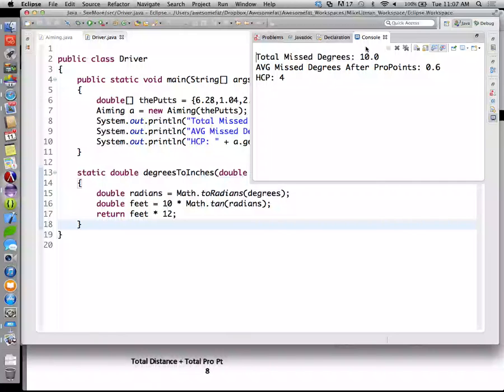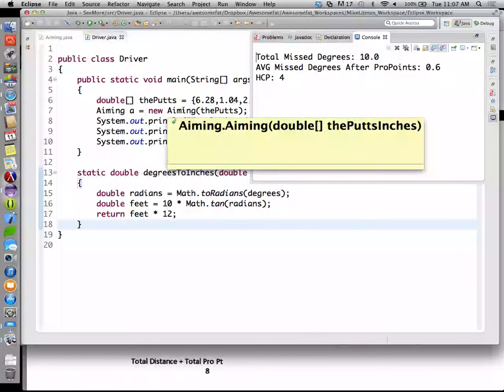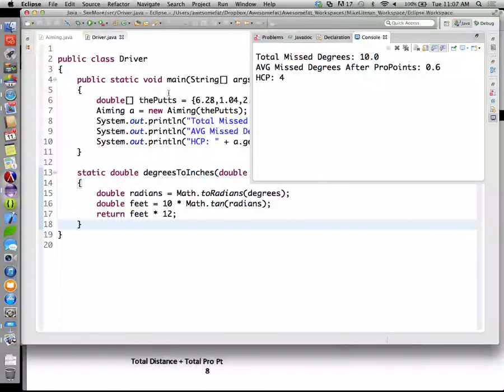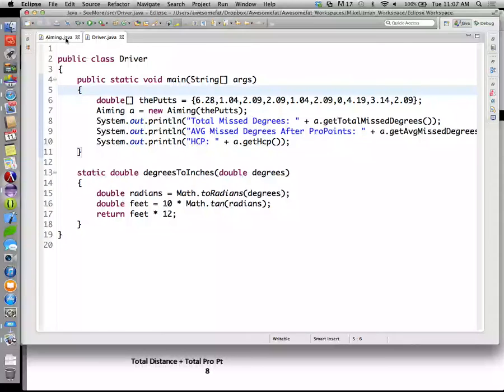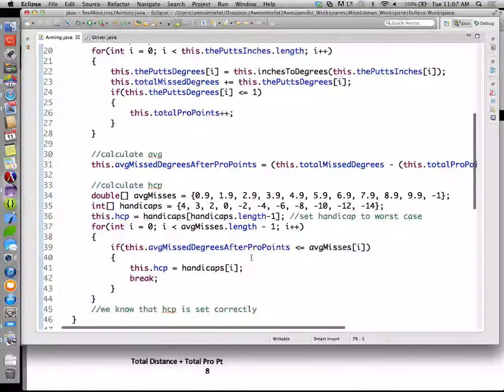All these are right, but the total missed degrees was not right. Seems like maybe that took some of the things that should have been point. Just for the sake of argument real quick, I'm going to take the rounding out.